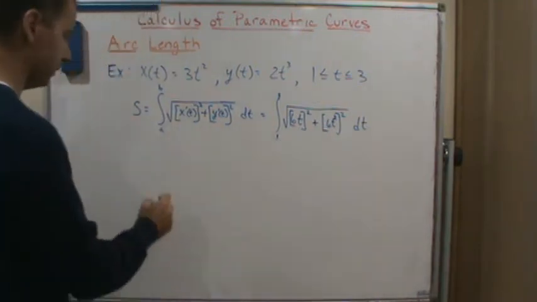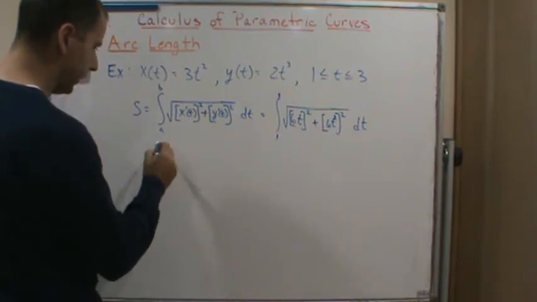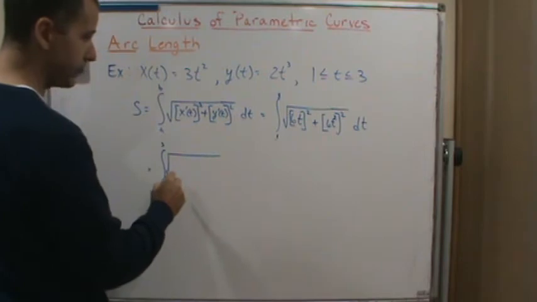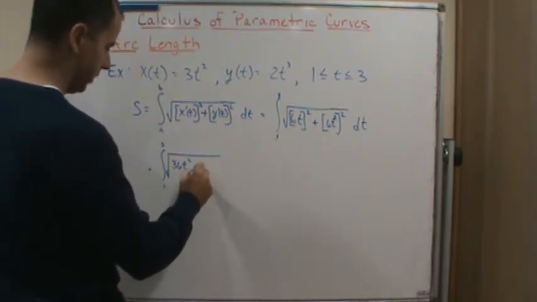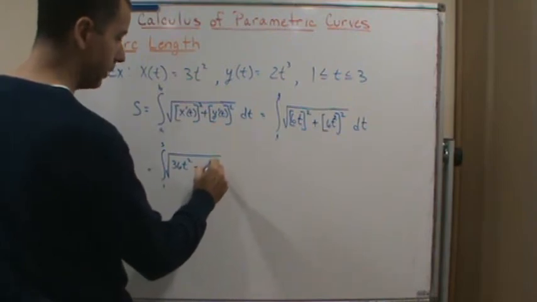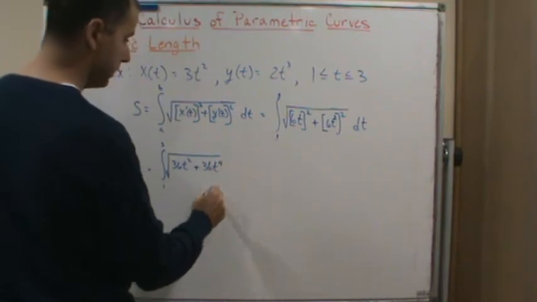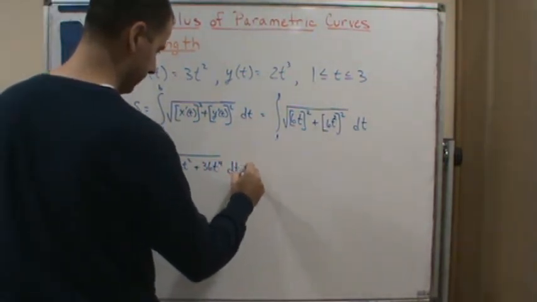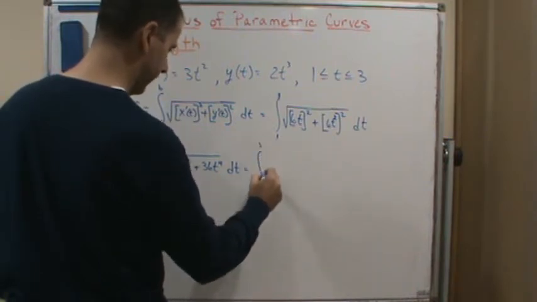Now let's simplify. So what do we get? We get the integral from 1 to 3 of the square root of 36 t squared plus 36 t to the fourth dt, which is then going to equal the integral from 1 to 3.